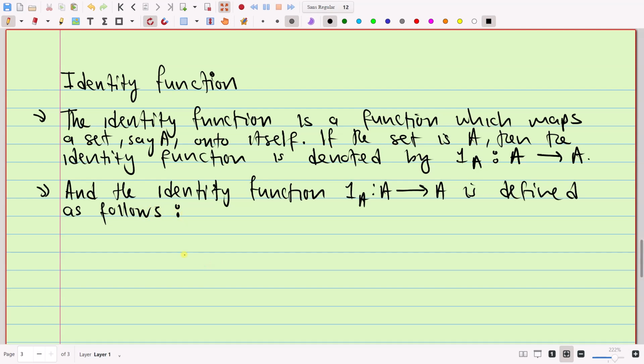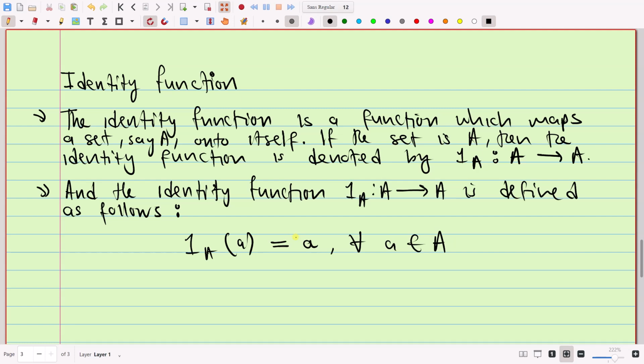You see, so this function that we refer to as the identity function, this is how we define it. So 1A is a function which is such that when you put anything that is in the set A, it gives you A back. So for everything that is in A, that is what you're always going to be getting. So when you take A and you put it there, it returns that element back. So that's what an identity function is.